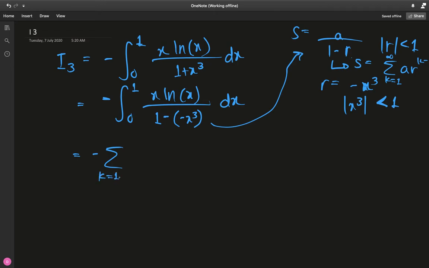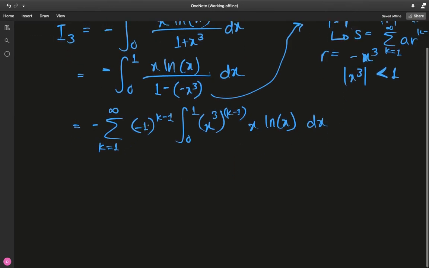Sum from k equals 1 to infinity of minus x cubed to the k minus 1 power, or basically minus 1 to the k minus 1 power times the integral from 0 to 1 of x cubed to the k minus 1 power times this x times this natural log of x dx.